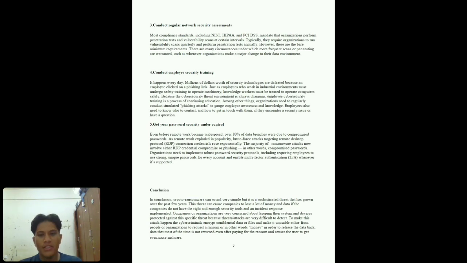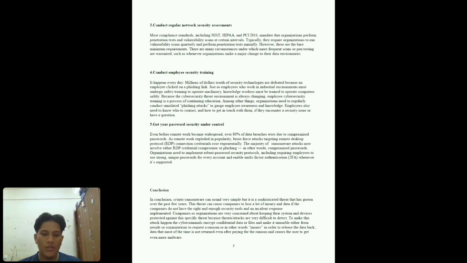The majority of ransomware attacks now involve either RDP, credential compromise, or phishing. In other words, compromised passwords. Organizations need to implement robust password security protocols, including requiring employees to use strong, unique passwords for every account and enable multi-factor authentication (2FA) whenever it's supported.